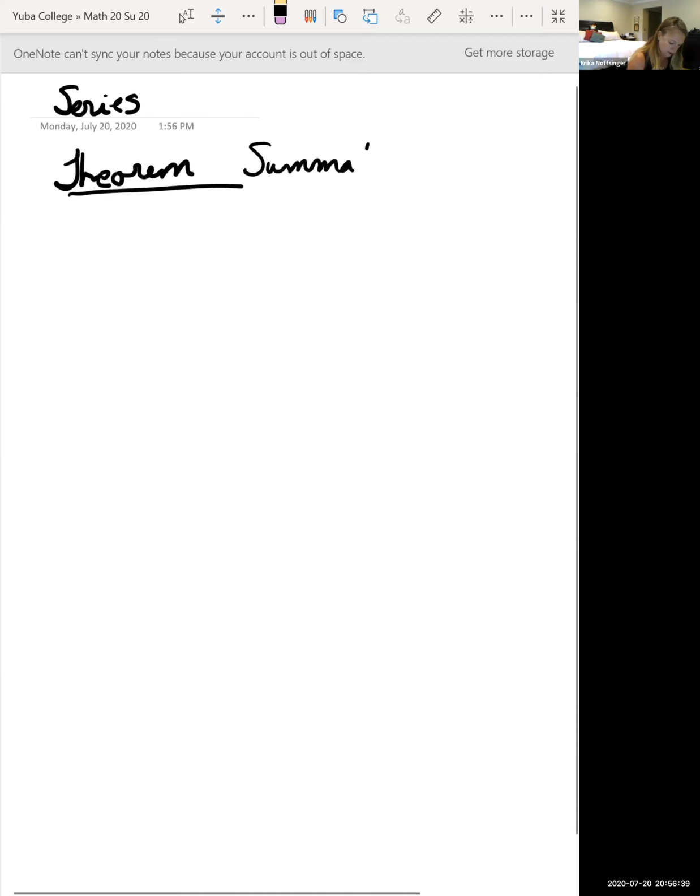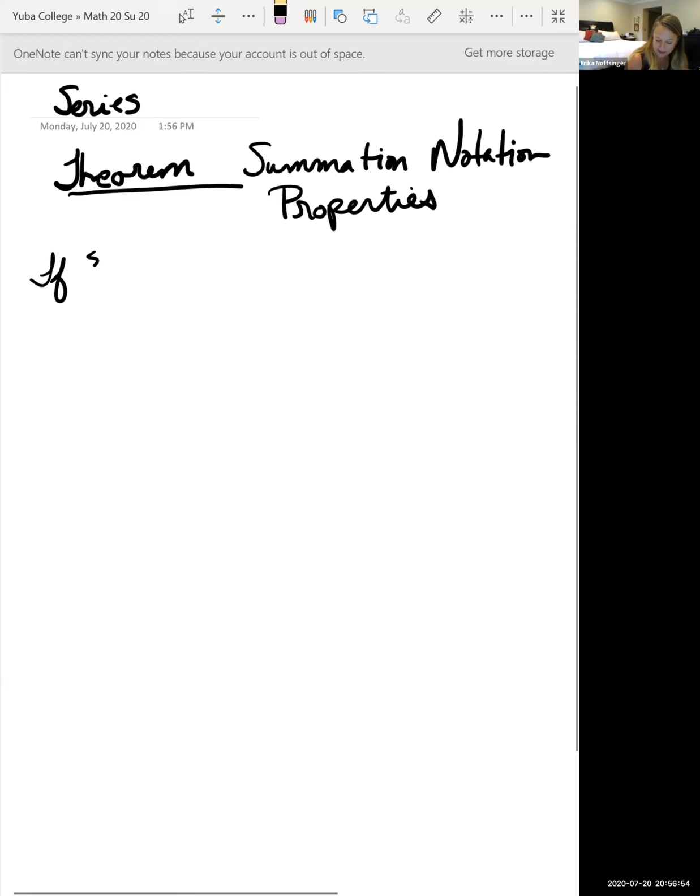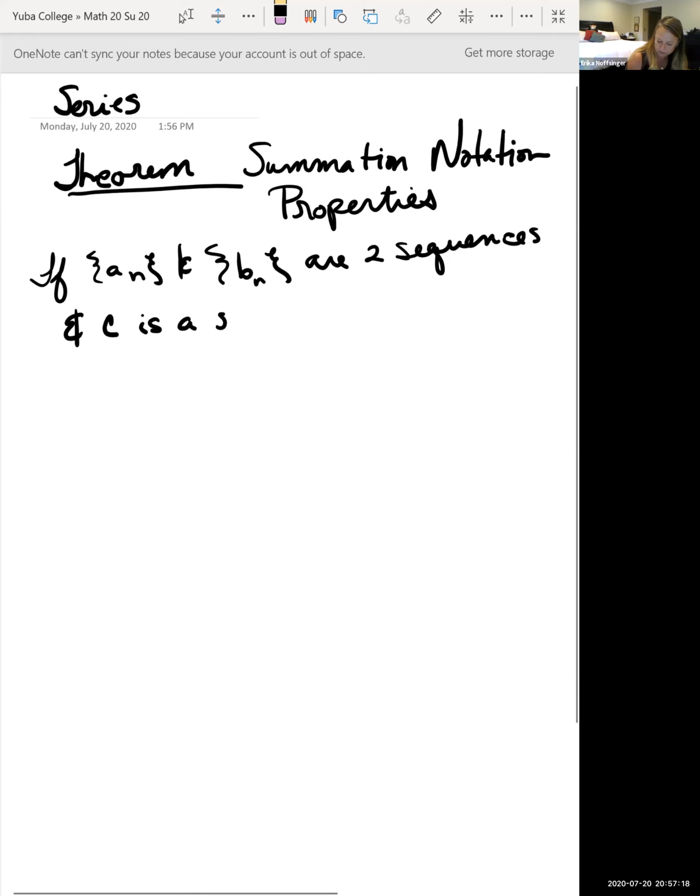Summation notation properties. So if A sub n and B sub n are two sequences, and C is a real number, then the following hold.